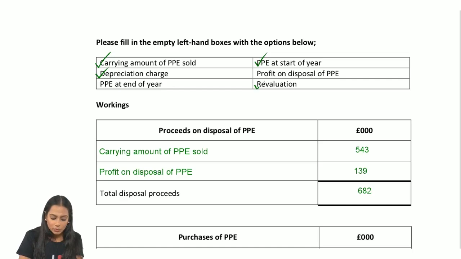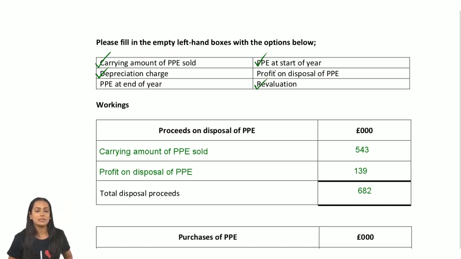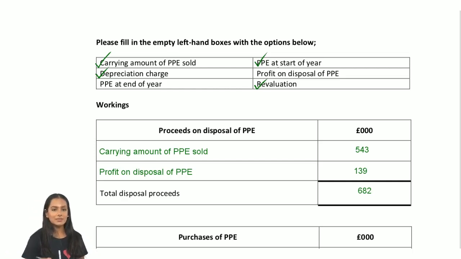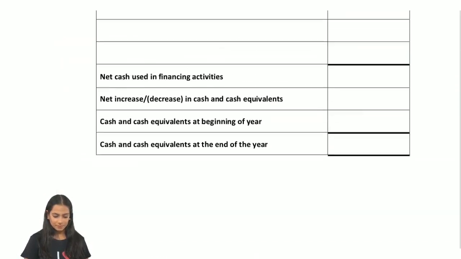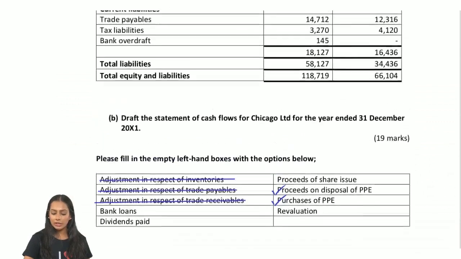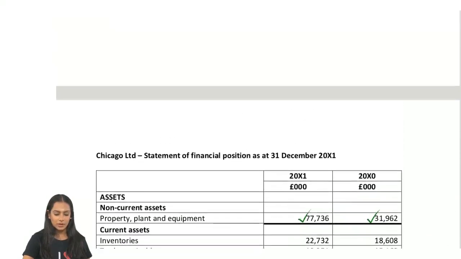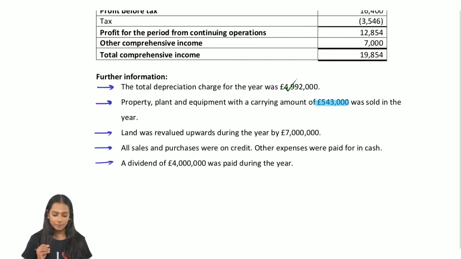The final bit, revaluation, this will tell us if an asset has gained in value or lost in value. Now, revaluations is going to be put into the revaluation surplus account. Or you can look at the information given to you in the scenario. There we go.